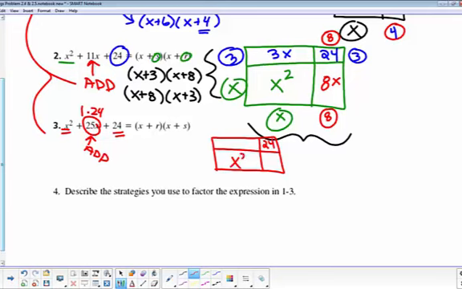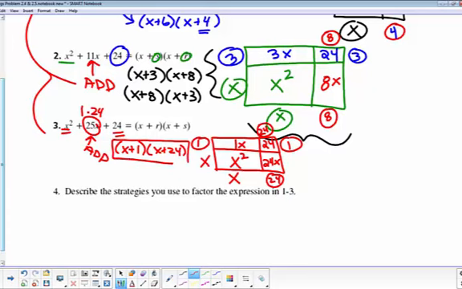Here's my x squared, and I know my solutions are 1 and 24, because again, that adds to give 25, the middle term, which is what I want. So my two factors are x plus 1 and x plus 24. That's my factored form from this expanded form problem.